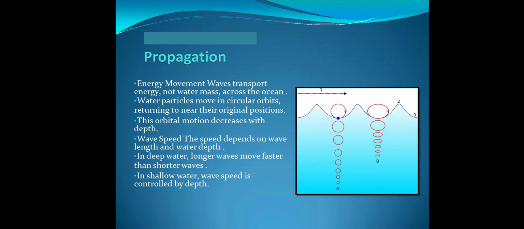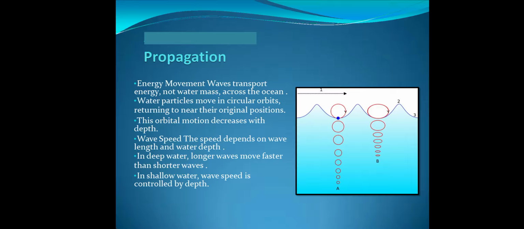I have already discussed that because of the orbital motion, the energy of the wave transmits from one point to another, and this is known as wave mechanics. Now, one important aspect we need to know is that in deep water, longer waves move faster than shorter waves.